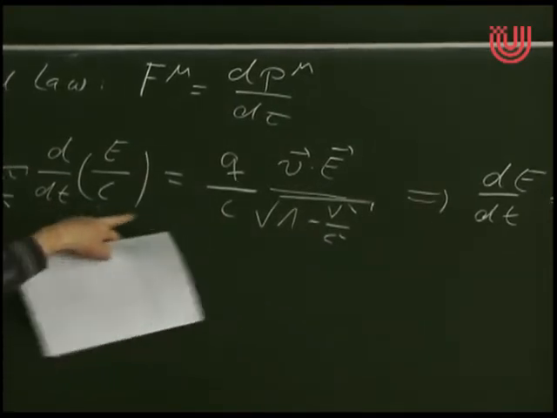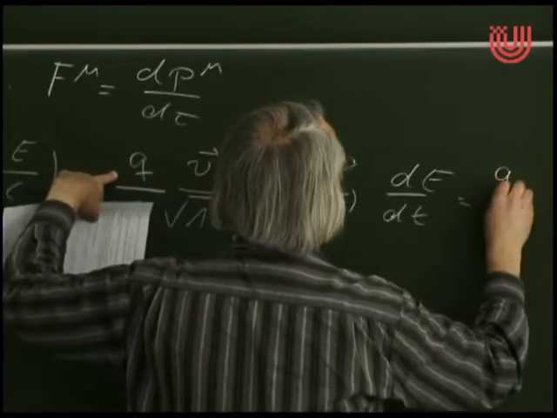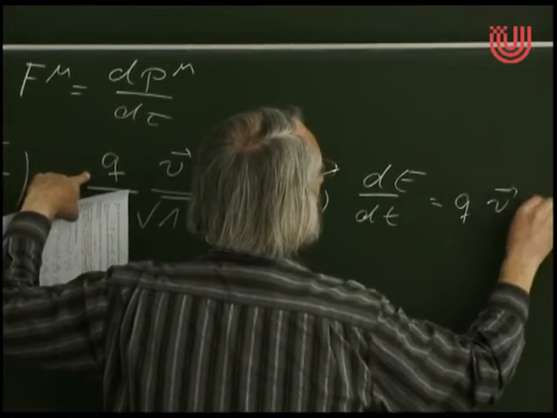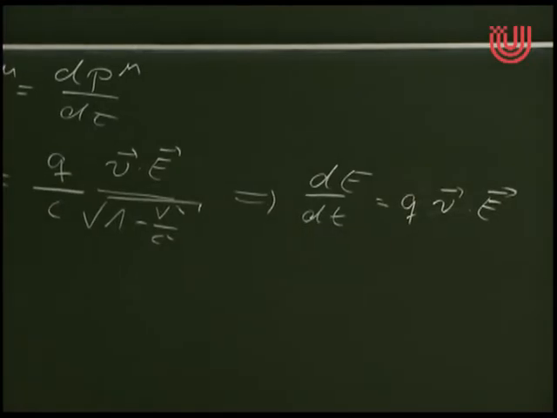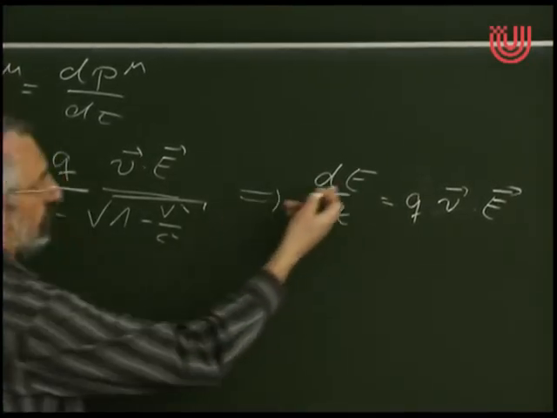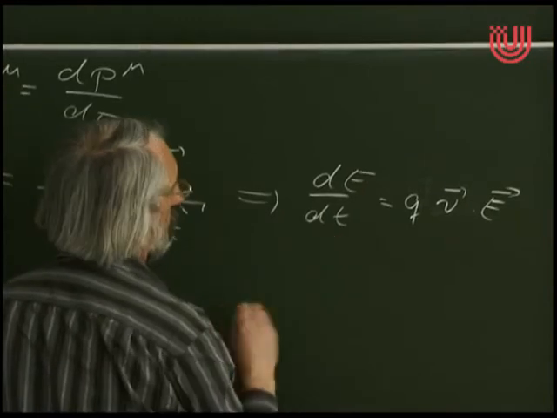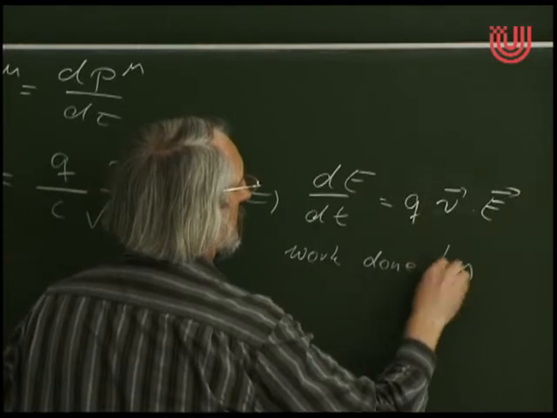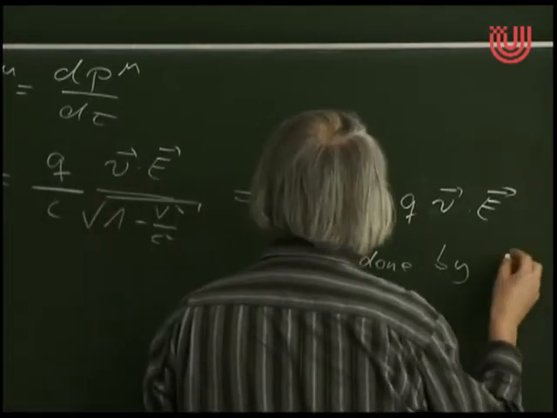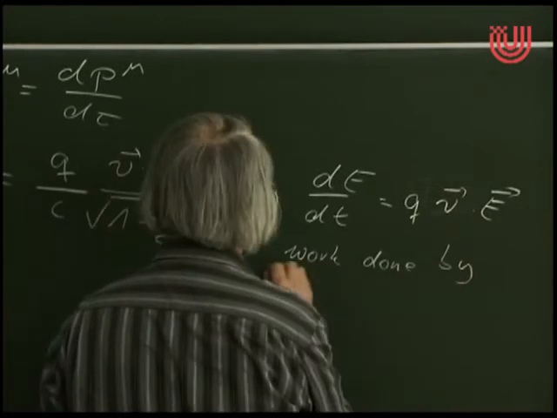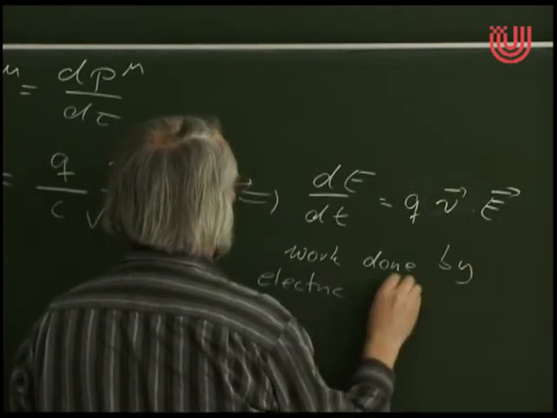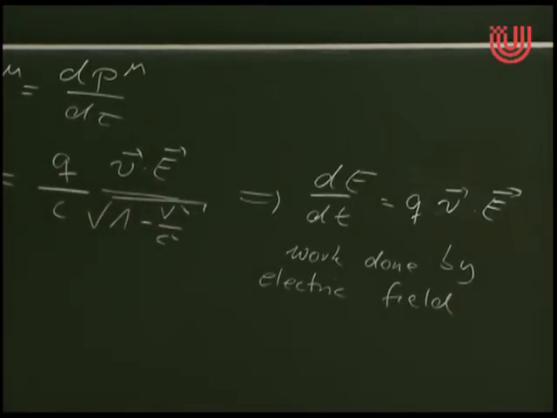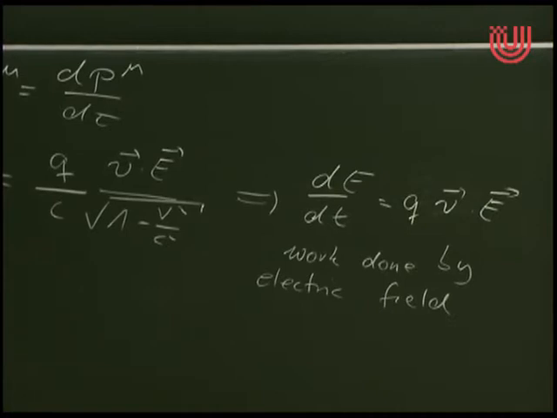So the C cancels, and I get Q times, there's no denominator, Q V dot E. So the change of the energy with time is just the work done by the electric field. So you see the magnetic field doesn't enter into this formula. So the magnetic field doesn't do any work.